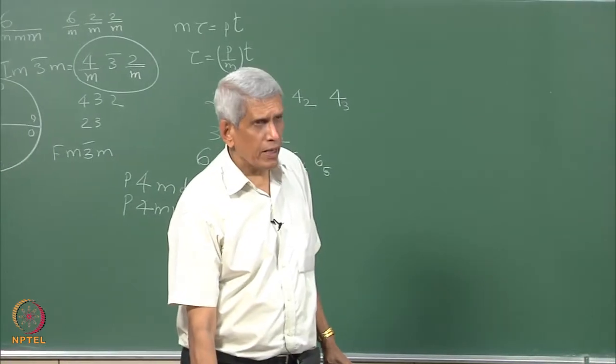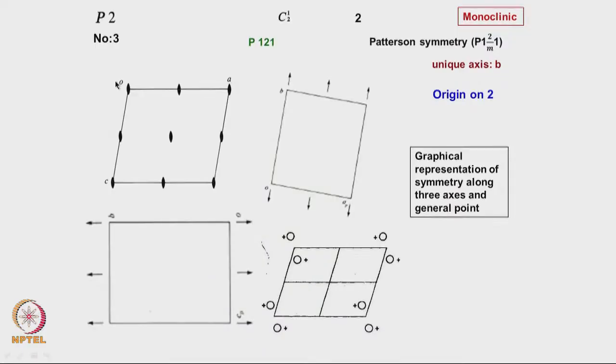As you remember, for monoclinic I mentioned that the 2-fold symmetry is taken along the b axis, correct. So here in this projection the b axis is normal to the screen. This is a and this is c. Then the other two directions are also shown in projection.